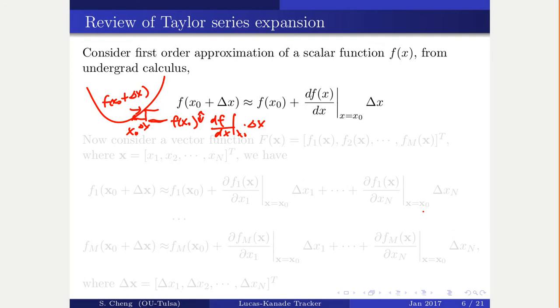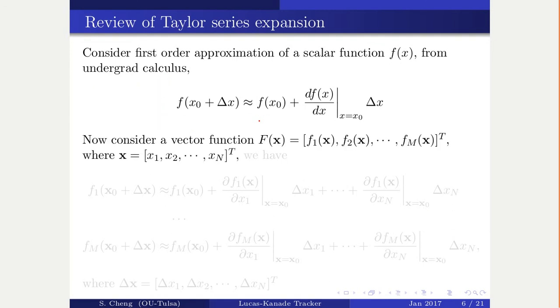And so if you now consider a slightly more complicated case, where f is a vector function. So I have a big F here composed of f1(x), f2(x), and so on up to fm(x). And its argument is also a vector, x, where x is x1 up to xn.